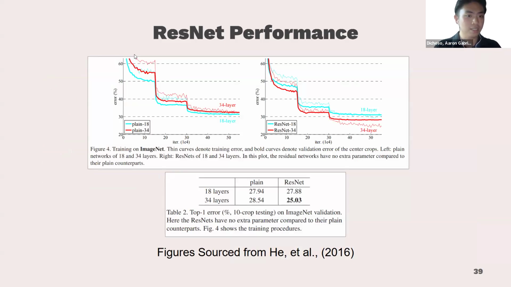And as we see here in the plain 18 figure, even though plain 34 has more layers, overall, it has higher errors. So in here, higher is bad because that means error rate. And in here, even though less layers, see plain 18, it has less errors as well. So that is showing the network degradation problem.